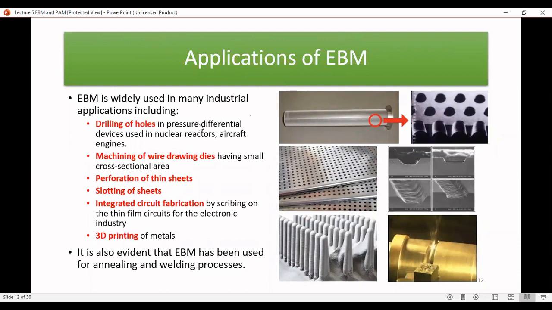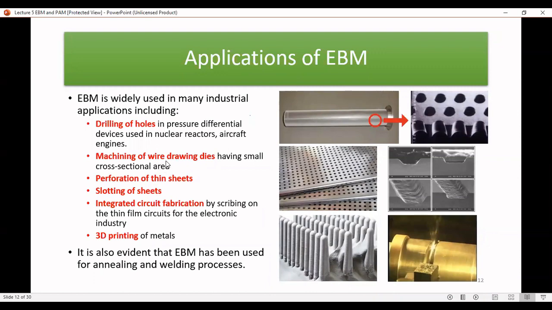For example, if you take a flight and sit in the window seat, if you look at the window glass or plexiglass of the plane, you can see a drilled hole between the layers of the plexiglass. The purpose of that particular hole is basically this pressure differential device.